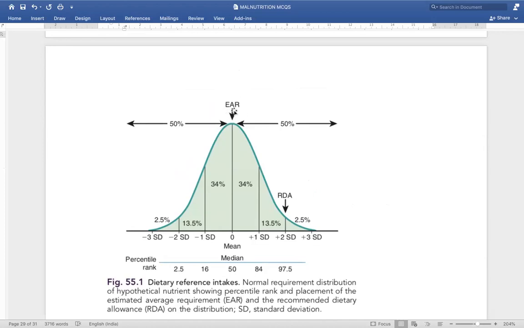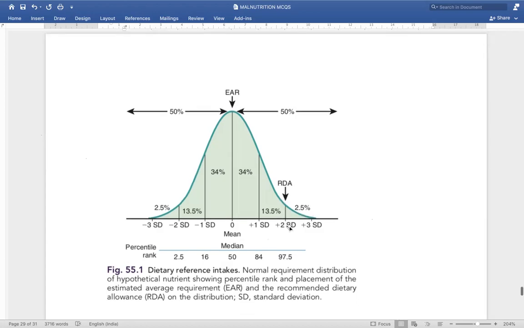If you give 400 units, it will be enough for only 50% of the population. The rest 50% will be deficient in vitamin A. Whereas if you give the dose of RDA, whatever is prescribed by the American Academy of Pediatrics or something, we will be covering 97% of the population. So only 3% of the population will be deficient in that vitamin.